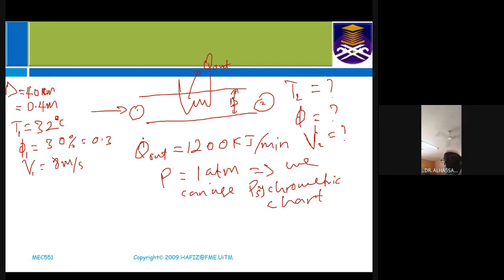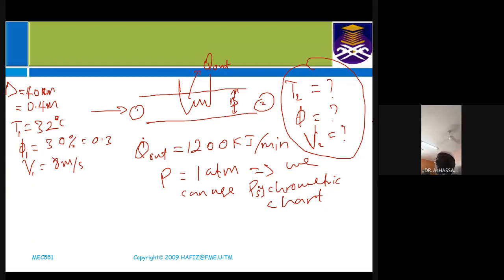Any pressure apart from this, you are not allowed to use the psychrometric chart. So since we are looking for the properties at this particular state, we need to identify two properties in such a way that these properties will help us to identify all other properties.